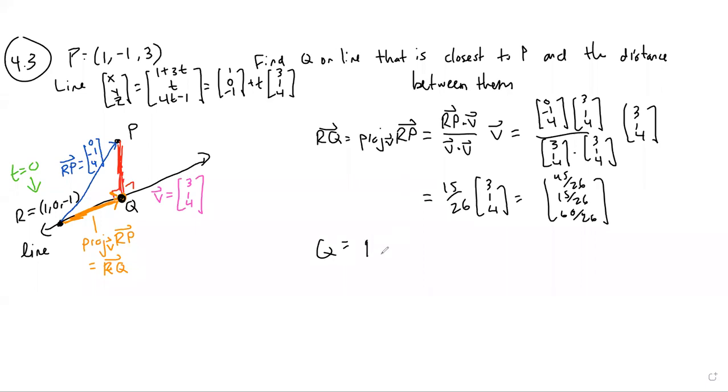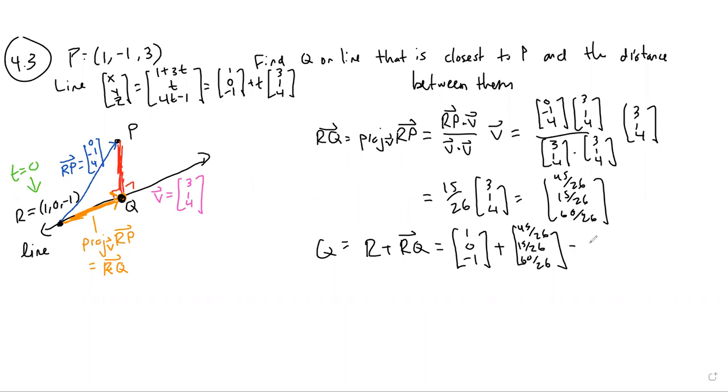It's basically going to be R plus how we get from R to Q. So if R is at (1, 0, -1), and I'm kind of abusing notation here by using a vector for R, but it's just going to organize it nicely for us so that I can see the coordinates better. And then my R to Q, 45 over 26, 15 over 26, and 60 over 26.